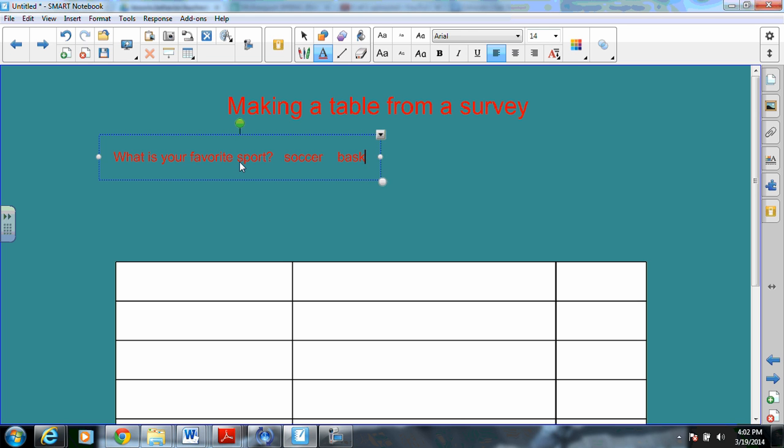Okay, basketball. I know that's another favorite sport. Football. And I'm going to put gymnastics. Something for the girls. Well, all of these could be for the girls too, but I think a lot of girls would probably like gymnastics. So I'm going to put down soccer, basketball, football, or gymnastics.